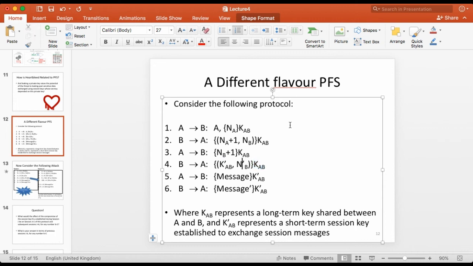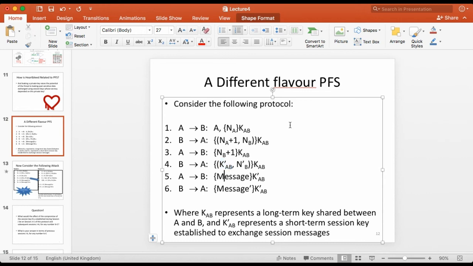And he creates a new nonce N prime B. Then he sends the two things encrypted with the existing long-term key he shares with Alice. Alice receives this message, she can decrypt it, and she can release the two things, including the new long-term key that Bob is proposing to use later on in future communications.